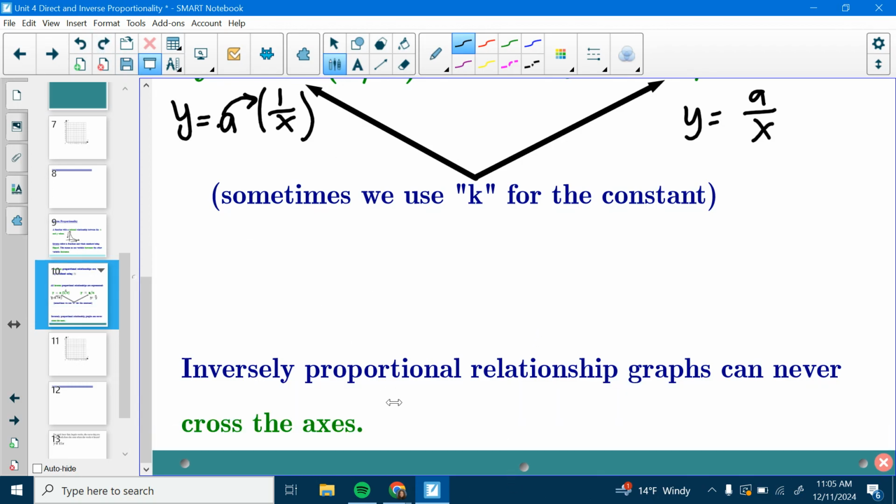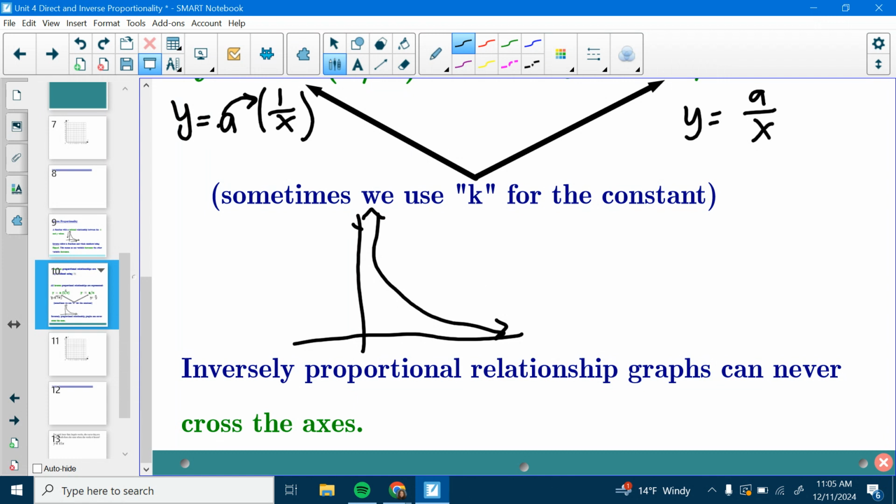One of the key things with inverse proportional graphs is that they never cross the axes. So if you draw an inverse proportional graph, they will get really, really close to the y-axis, but they never actually hit it.